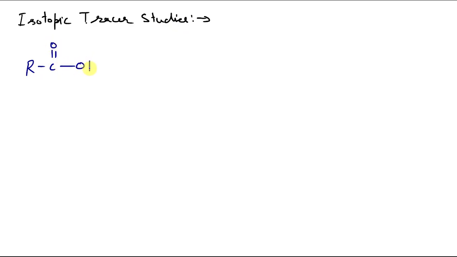We can also prove this to validate our mechanism. We can use isotopic tracer studies. We will label one of these oxygens. We use an oxygen-18 labeled ester. Now if we add water to it, it was found that in the products, this O18 was part of the alcohol, not the carboxylic acid, RCOOH plus R'OH.